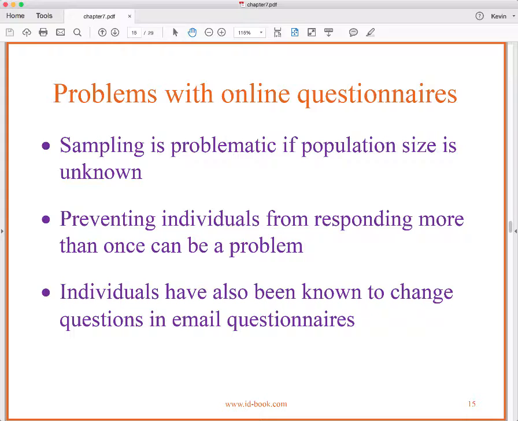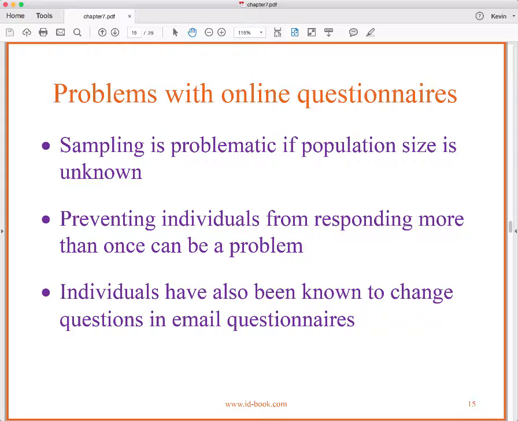You might also keep track of IP addresses and only take one response from the same IP address, those kinds of things.